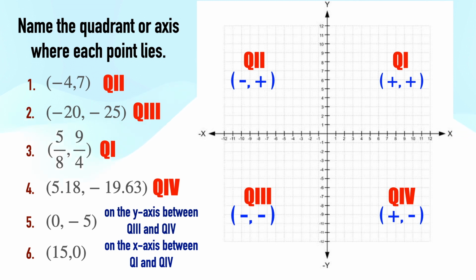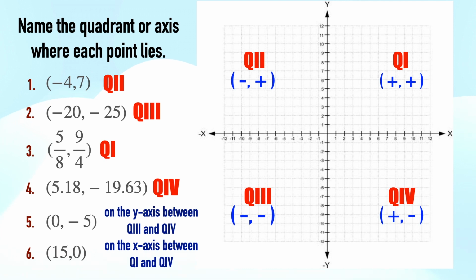So, that is how to identify kung anong quadrant ang isang ordered pair. So, pwedeng nasa Quadrant 1, nasa Quadrant 2, nasa Quadrant 3, or nasa Quadrant 4. Pero pwede rin on the y-axis between two quadrants or nasa x-axis between two quadrants.